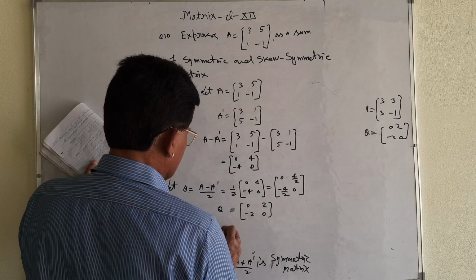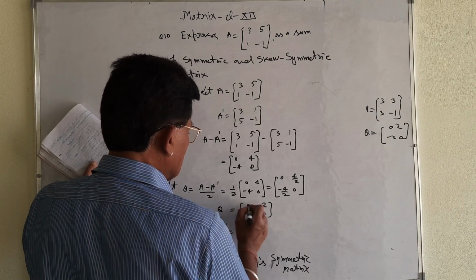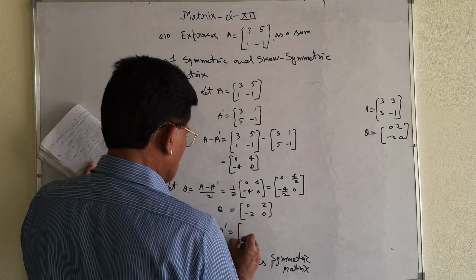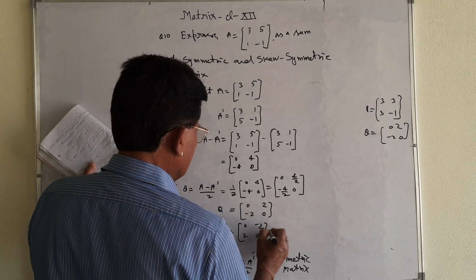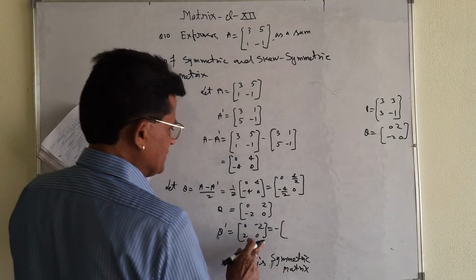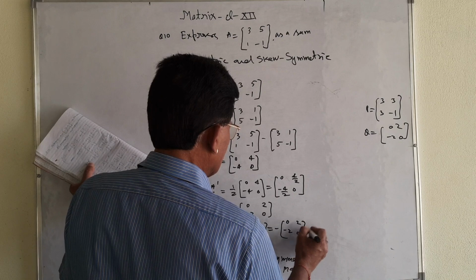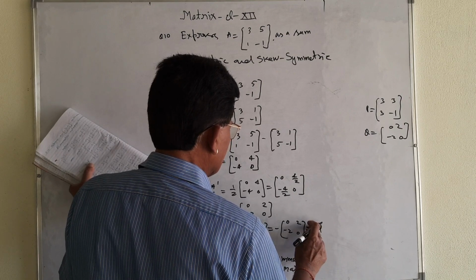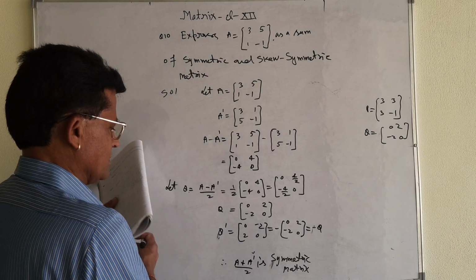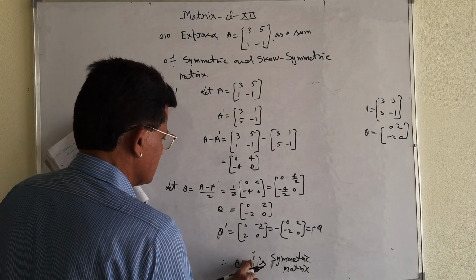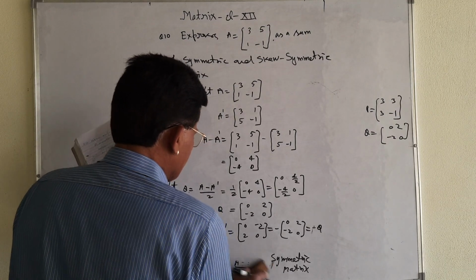Transpose of Q. Transpose of 0, 2, -2, 0. Same thing, I am going to take out the negative sign, and the sign will be changed. And my dear student, you see it is the Q matrix with the sign changed. That is why Q transpose will be equal to minus Q. What does it mean? My dear student, Q is skew-symmetric.